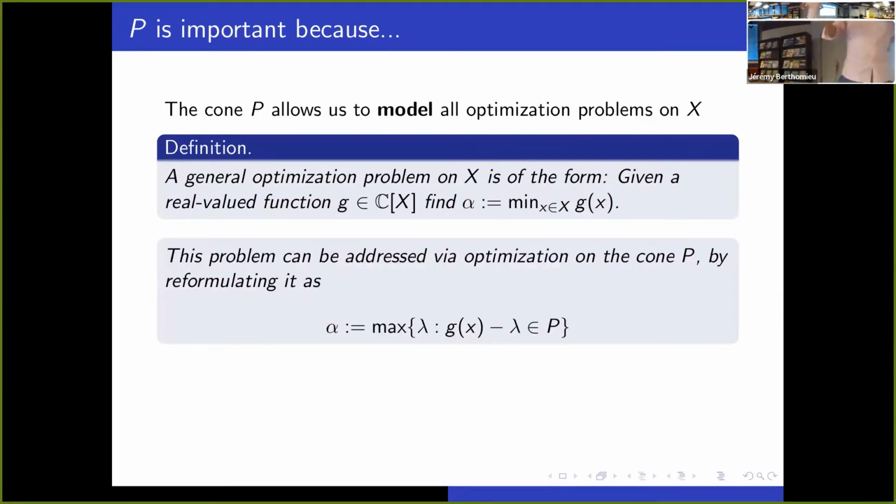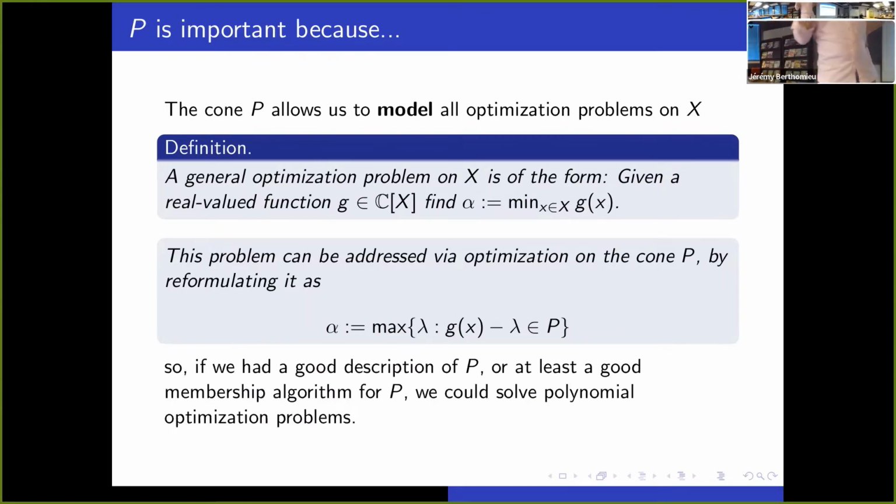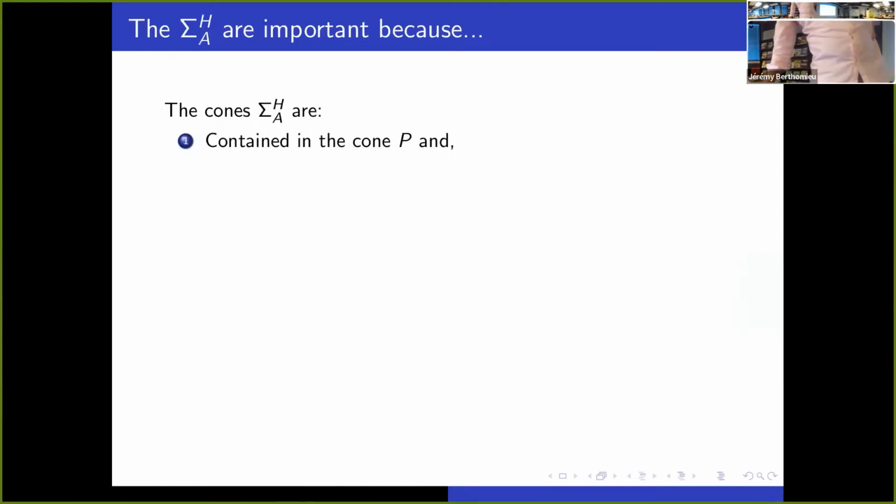And we can reformulate this problem as an optimization on the cone P, where alpha is equal to the maximum of lambdas such that g of x minus lambda is in P. So if we had a good description of P, or at least a good membership algorithm in P, we could solve the polynomial optimization problems on X. But you know, this is difficult.